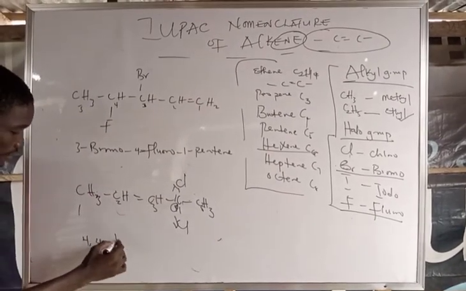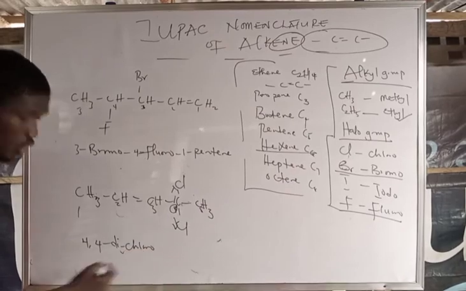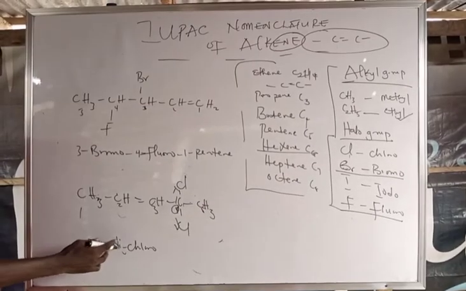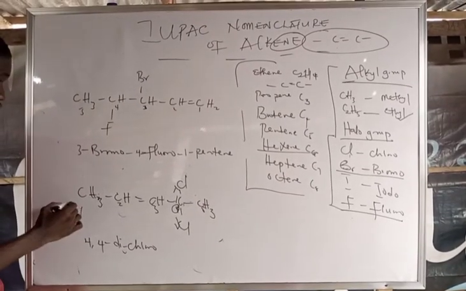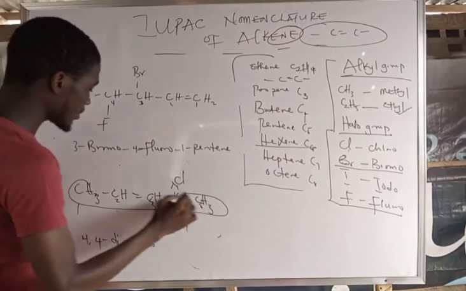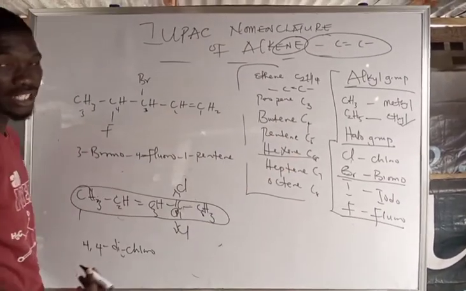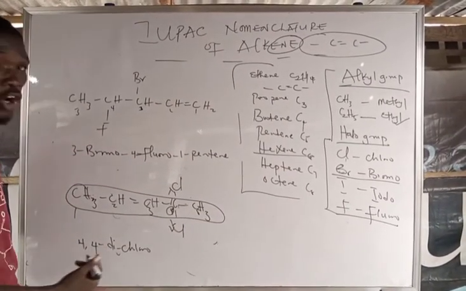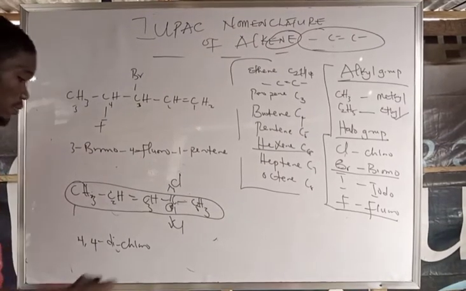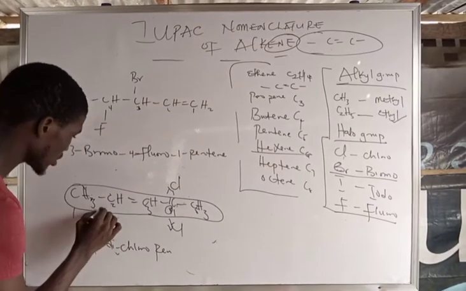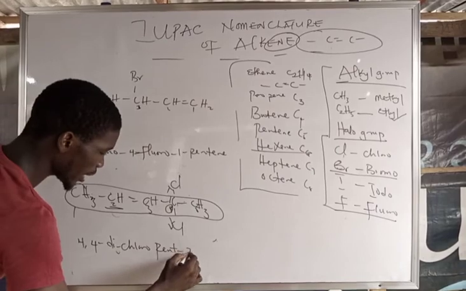So that will be 4, 4 dichloro. When we count the longest continuous carbon chain, we have it to be what? Pentene. So I have 4, 4 dichloro pentene.